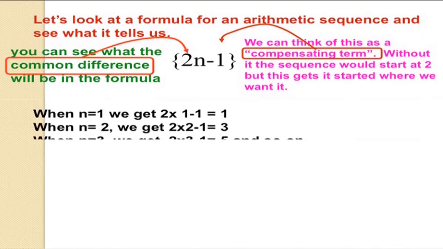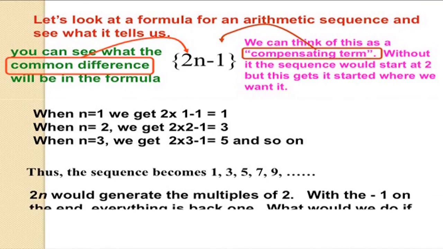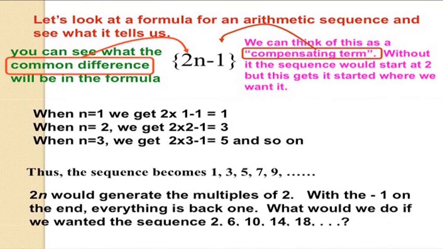When n is equal to 2, we get 2 multiplied by 2 minus 1, which gives us 3. And when n is equal to 3, we get 2 into 3 minus 1, which is equal to 5, and so on. Thus, the sequence becomes 1, 3, 5, 7, 9. 2n would generate the multiples of 2. With the minus 1 on the end, everything is back 1.